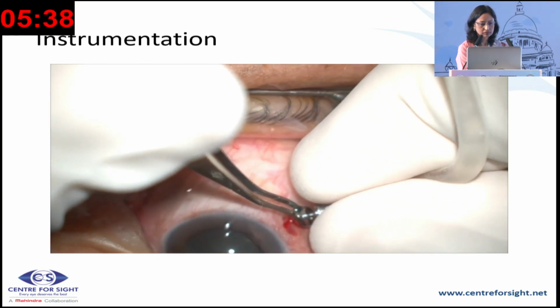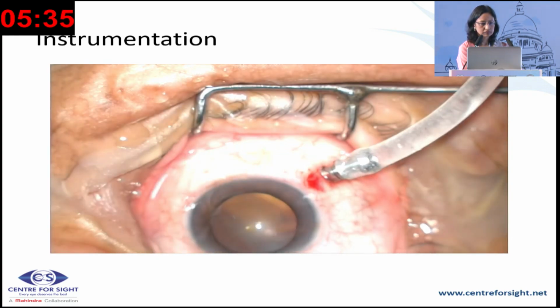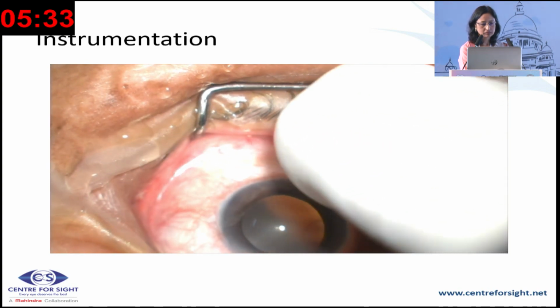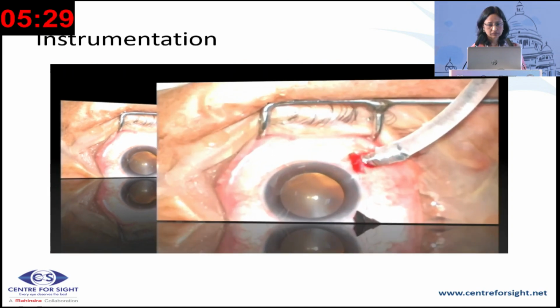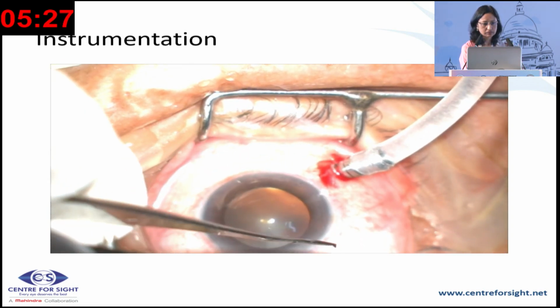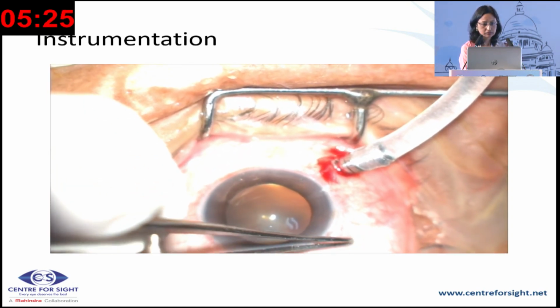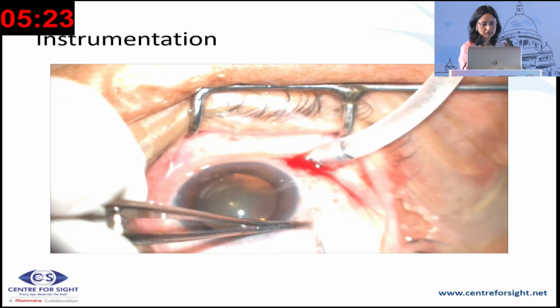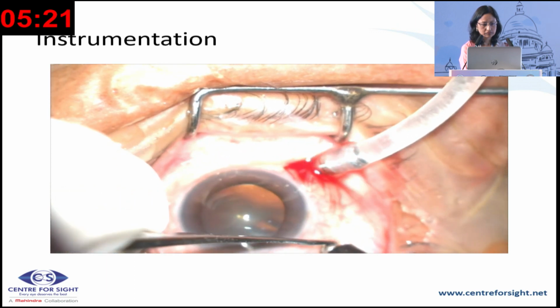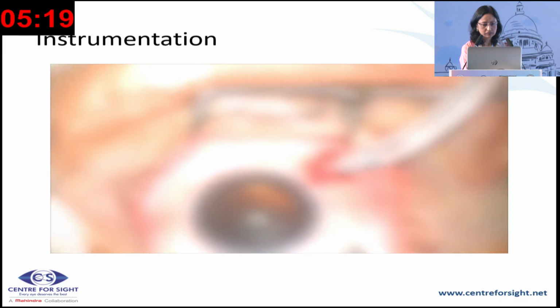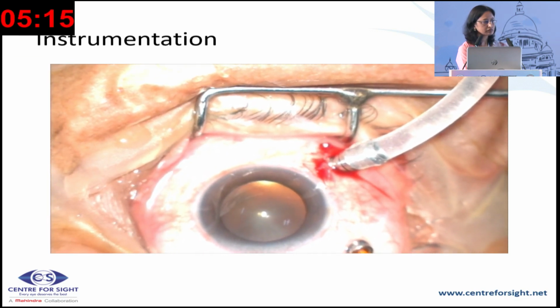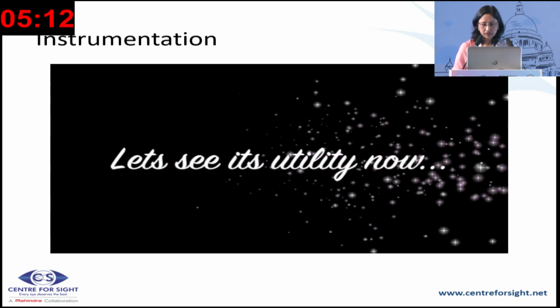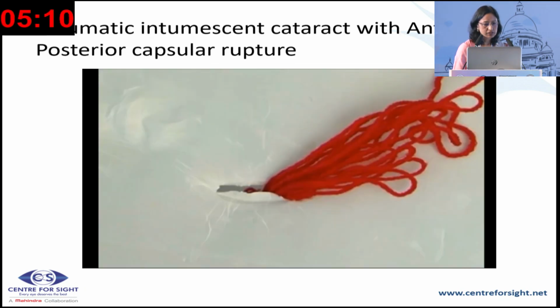The infusion is secured in the infratemporal cannula, and the superior ports used for the vitrectomy cutter are plugged till further use. It is a relatively simple technique which can be mastered easily with little practice. And let's see some interesting cases.